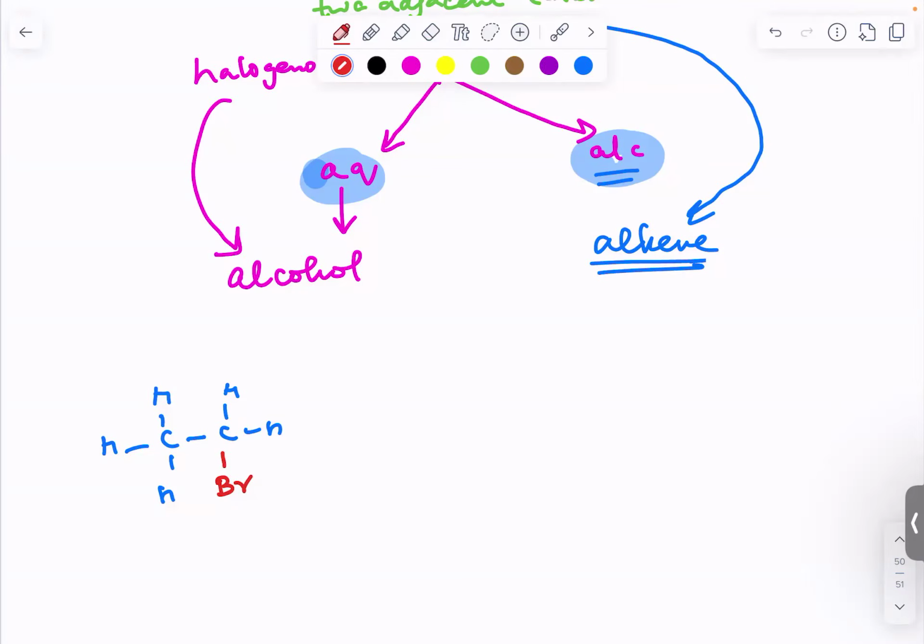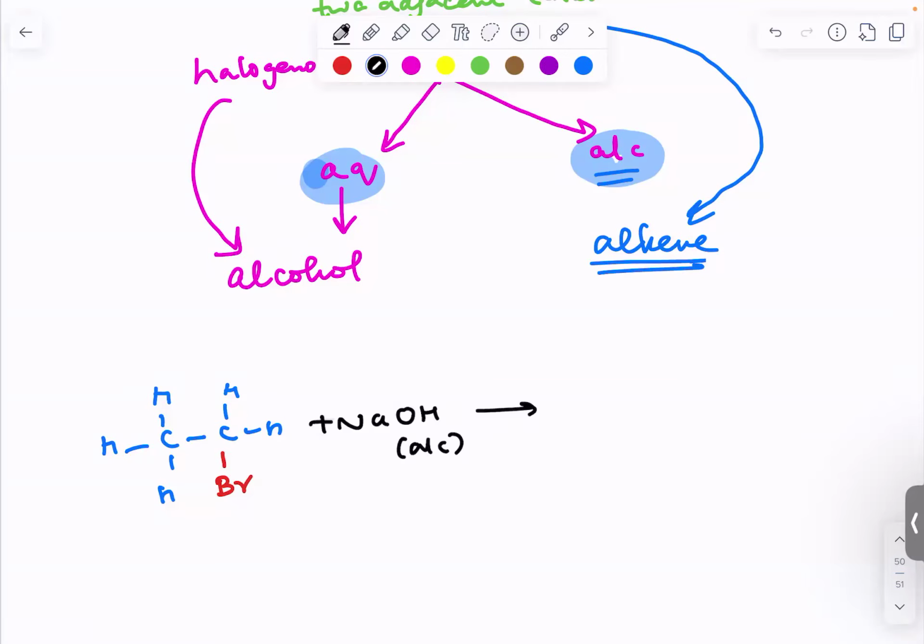All right, so this is HBr. Sorry for the disturbance. Now, the overall reaction: if I take sodium hydroxide or potassium hydroxide, keep in mind it's alcoholic.